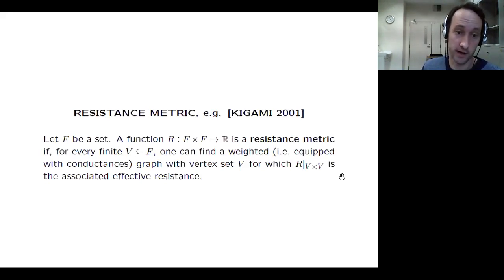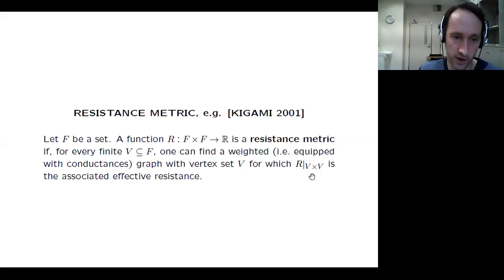Like I say, in the context of analysis on fractals, the idea of a resistance metric was introduced by Kigami in, I guess, the 90s or so. This is a natural generalization of the resistance metric on a graph to a general set. He was studying the limits of stochastic processes on graphs, and so this was a natural concept to introduce.